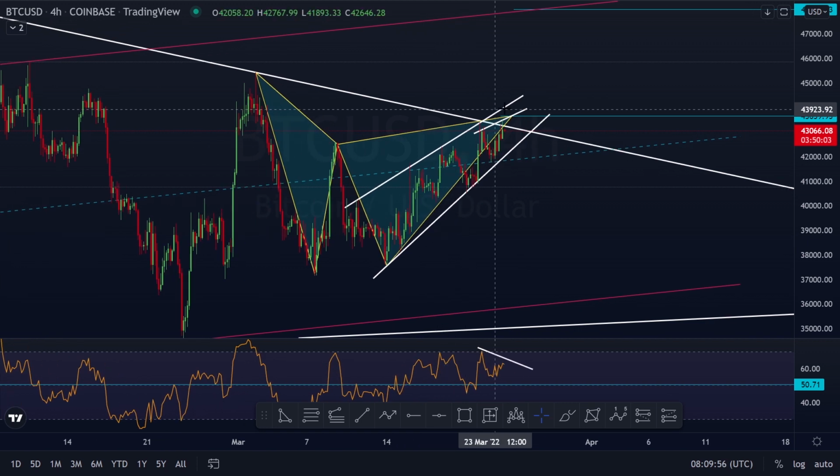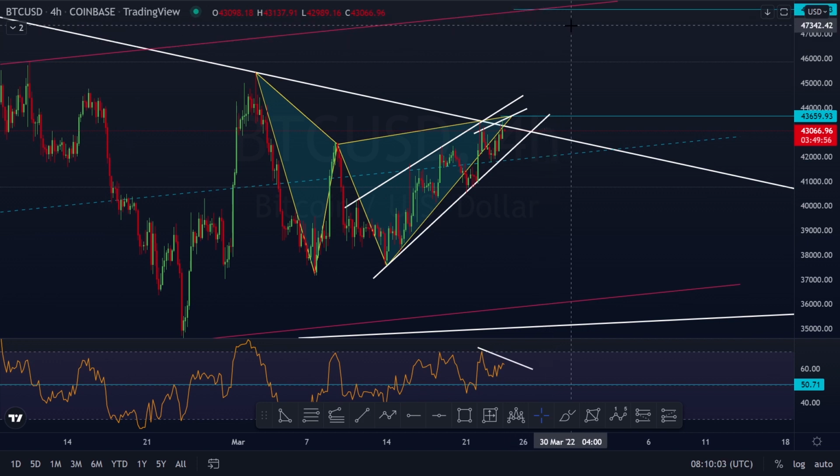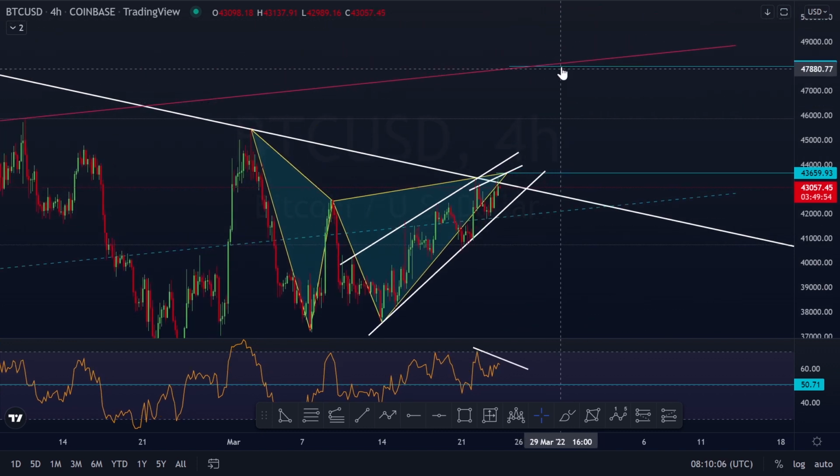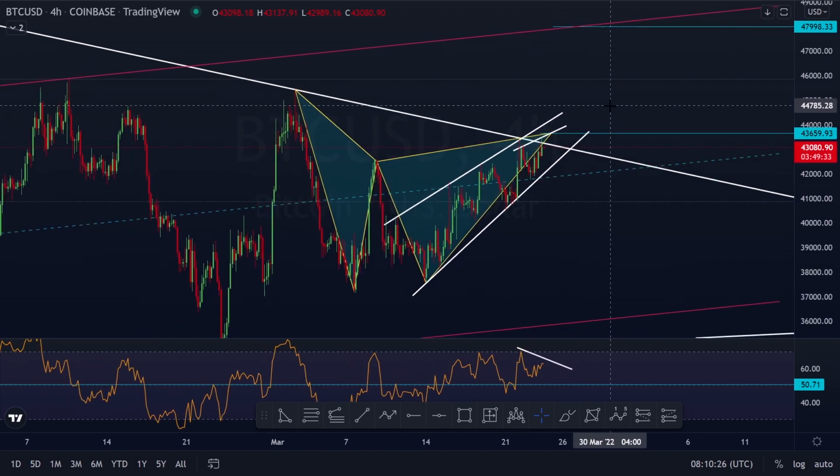If we make it past here, then it's going to be a hell of a pump, in my opinion, towards the 47,800 to 47,900, 48,000 range. And then from there, we're going to see if we might get a rejection, or if we're continuing the bull market towards the PRZ, which is towards the all-time high of 50,000 whatever. But right now, this is a very strong level to watch.